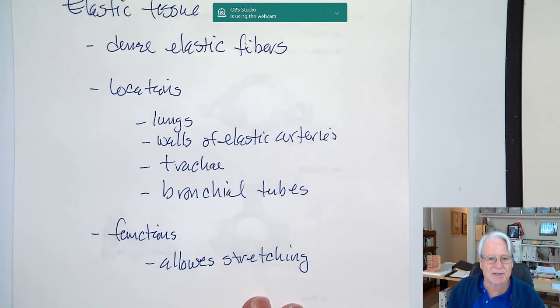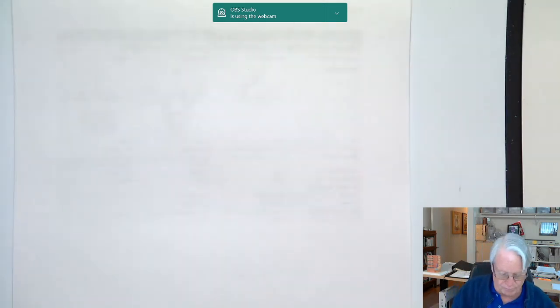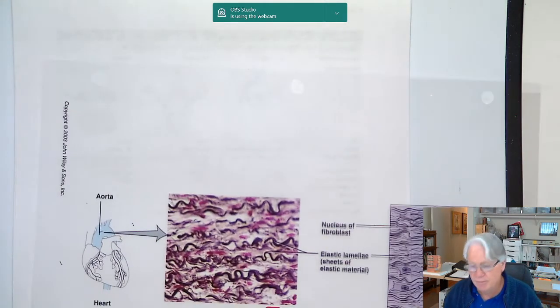And it also has this elastic quality, so it's acting like a rubber band. It stretches and then can spring back to its original shape after being stretched because of the elastic fibers that we find in it. So let's take a look at an example here. And yeah, perfect.